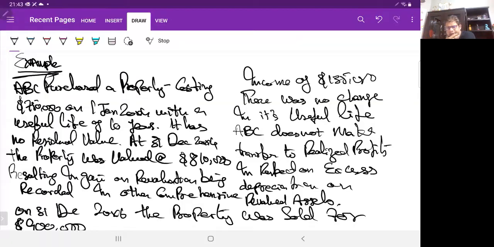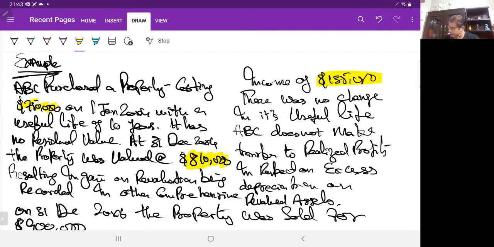Okay, now ABC purchased a property costing $750,000 on 1st Jan 2004 with a useful life of 10 years. It has no residual value. At 31st December 2004, the property was valued at 810,000, resulting in a gain on revaluation being recorded in other comprehensive income of 135,000, right? There was no change in its useful life.